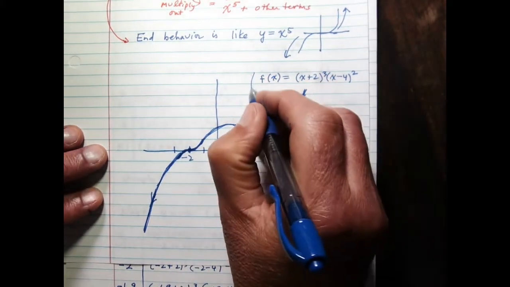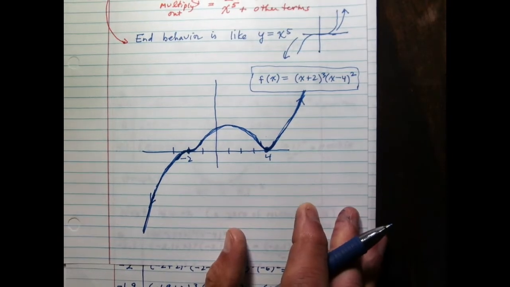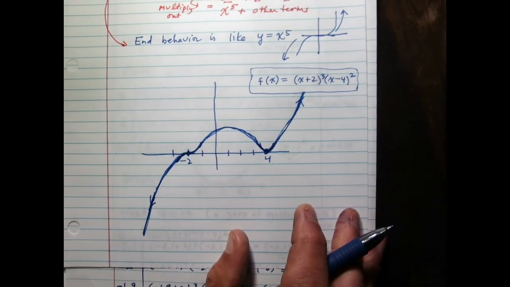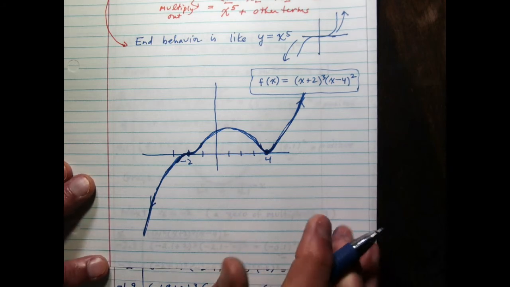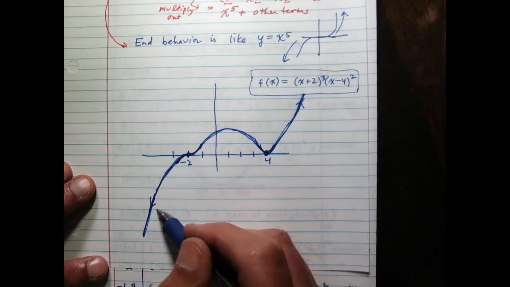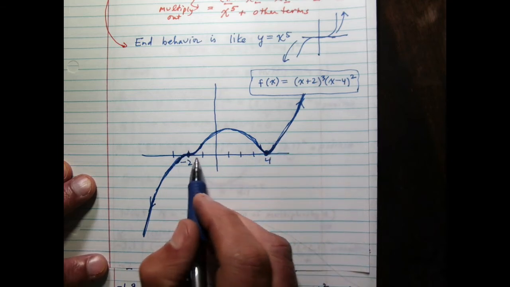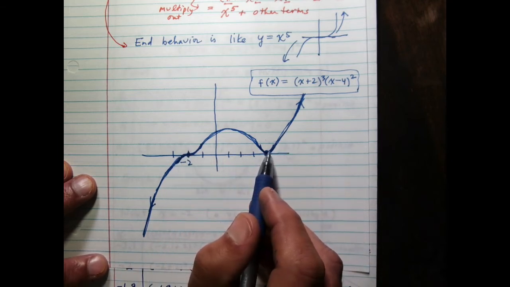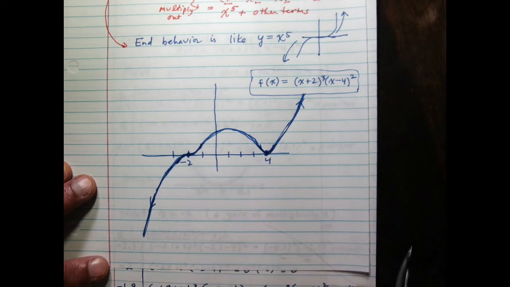So there's a rough sketch, a pretty good sketch, of what this polynomial function looks like: (x + 2)^3 times (x - 4)^2. All we used was the end behavior and the information we learned about the graph around the zeros based on the multiplicity.